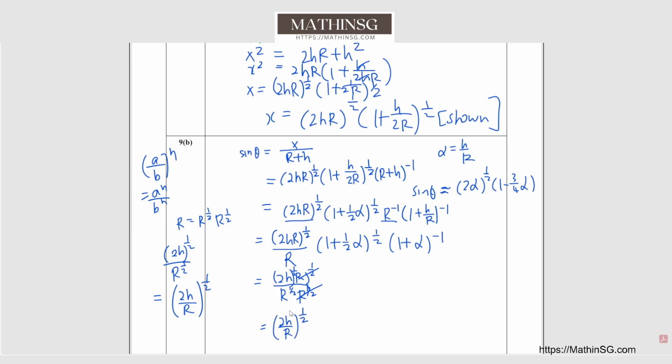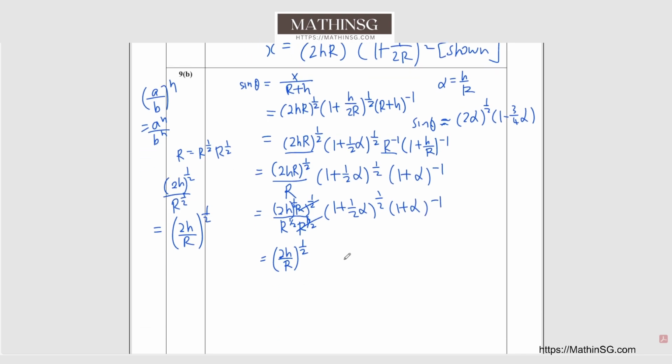Okay, and now I have my alpha again because I have my h over r. So this is 2 alpha to the power of half, right? Or 2 to the power of half, alpha to the power of half. But I don't need to do that because at the end of the day, they want me to show it as 2 alpha to the power of half.